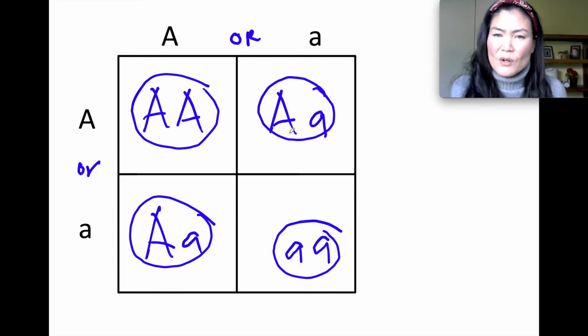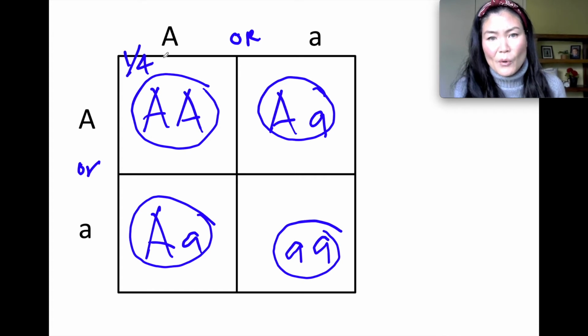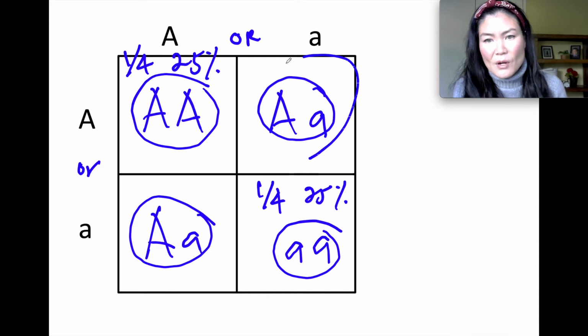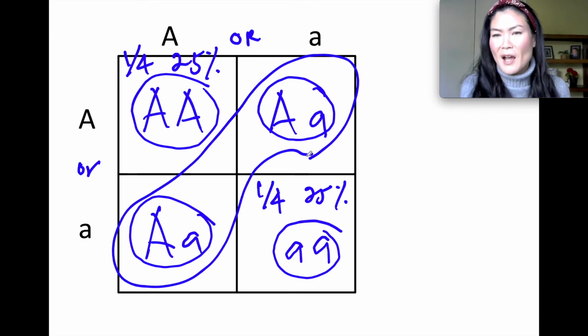So it's asking, what is the probability of big A, big A, big A, little a, little a, little a? This one is 1 out of 4 or 25% big A, big A. Down here is also 1 out of 4 or 25% little a, little a. This other one, the heterozygous, let's start using the vocabulary here, okay?